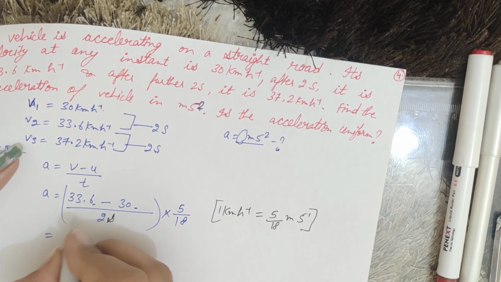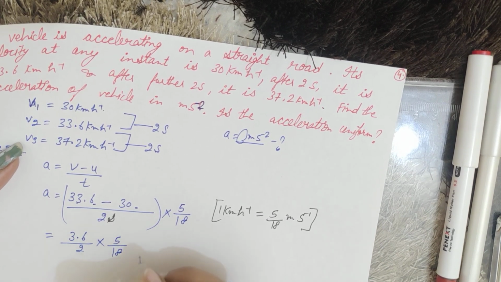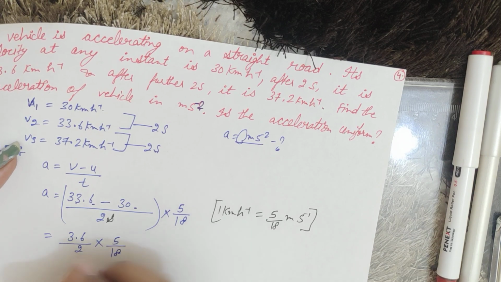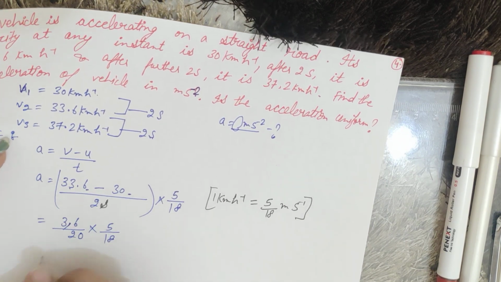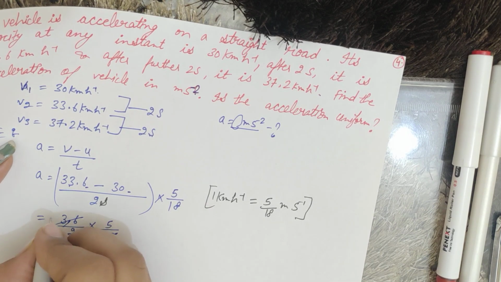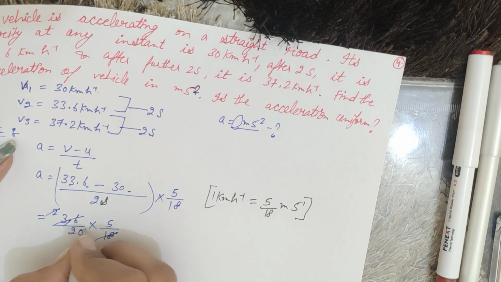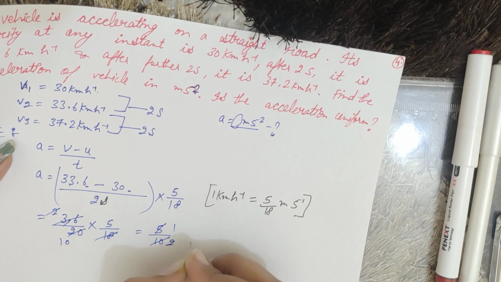Now let's solve this. After solving these two values, we get 3.6 divided by 2 multiplied by 5 by 18. This you need to solve. We can just replace the decimal with 0. What are we getting? 18 2s are 36, 2 10s are 20, 5 by 10 is 1 by 2 again.